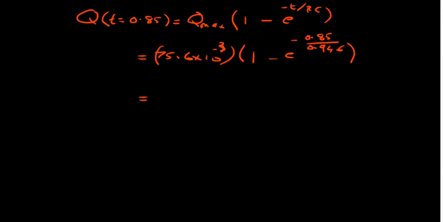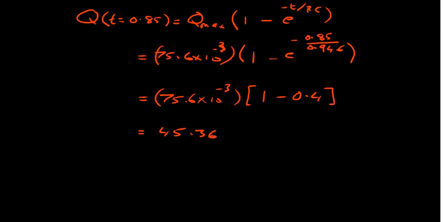That will give us 75.6 10 to the power minus 3, and here's 1 minus 0.4, and now it's easy to calculate this. Here we go. The answer will be 45.36 millicoulombs. That's how much charge will be stored in this capacitor at that specific time.